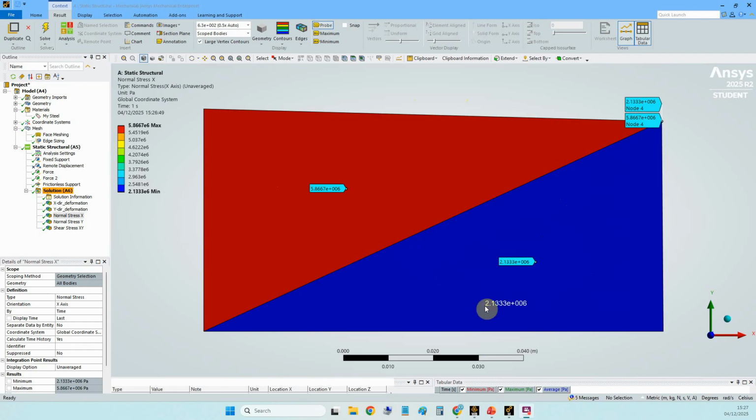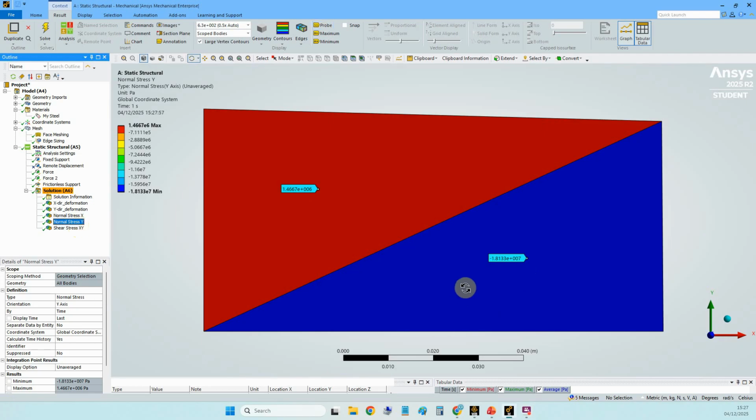So this is our x direction stress. We already calculated that there should be 2.12. I've got 2.13 here, and for element number 2 we've calculated it's 5.86, which is exactly what I've gotten here. So let's move on to the normal stress in the y direction. Again we have minus 1.8 e to the 7, which compares to the 1.81 that we obtained in our hand calcs.